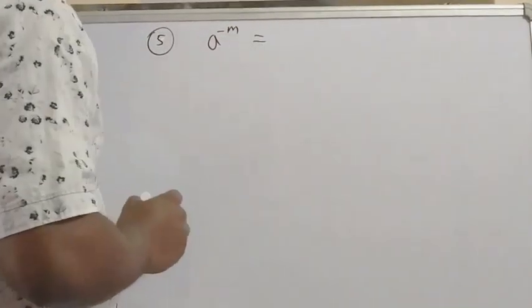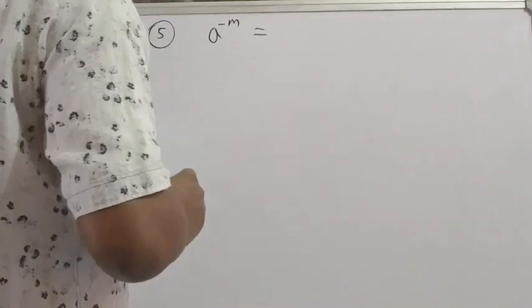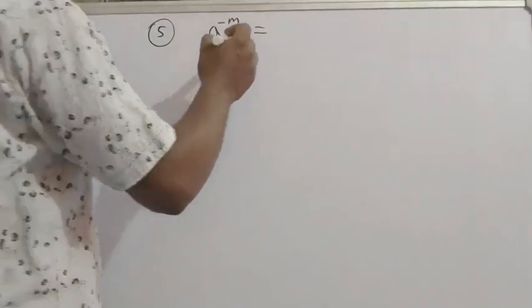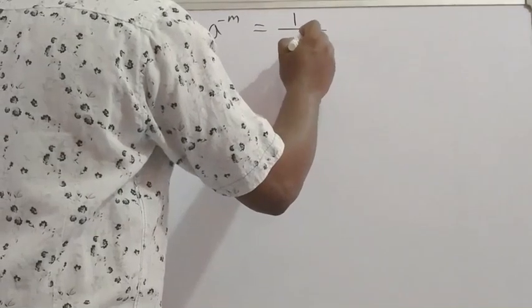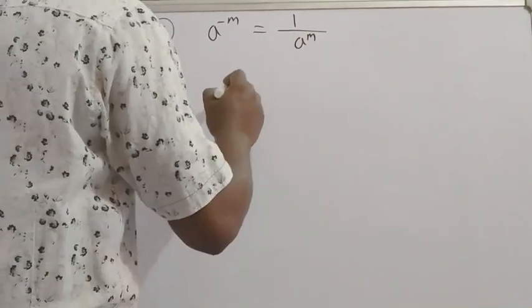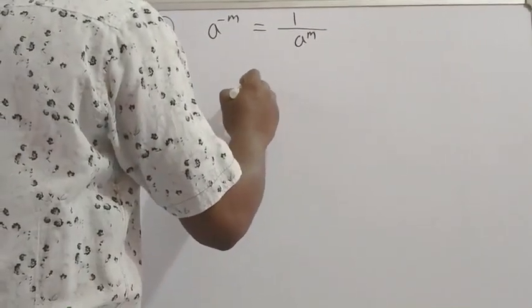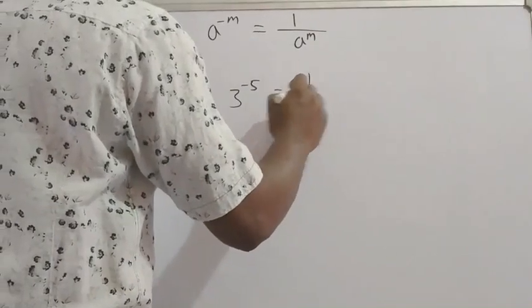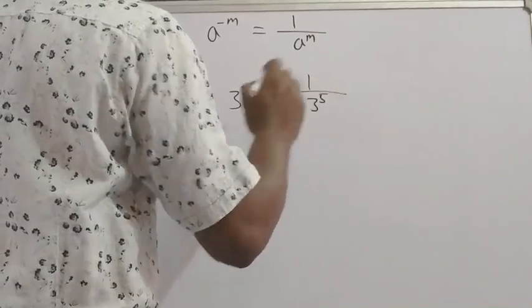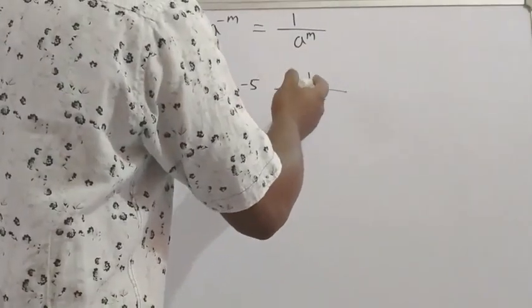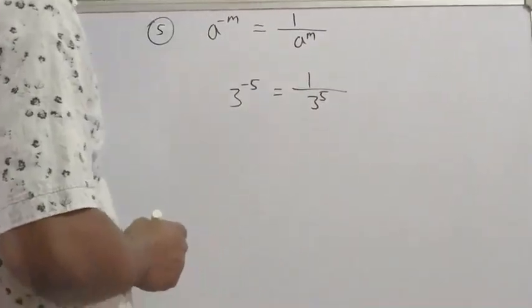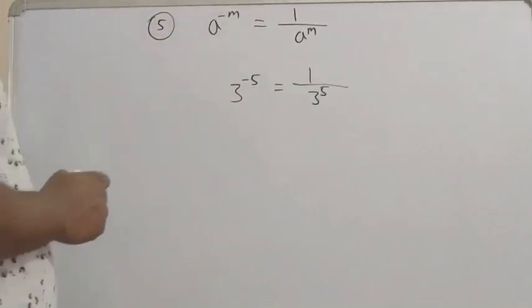In this case we have to take the reciprocal. We can write 1 upon a to the power n. For example, 3 to the power minus 5, we can write 1 upon 3 to the power 5. Now the power becomes positive. Here the negative power, when it is reciprocated, becomes positive. So this is the fifth formula.